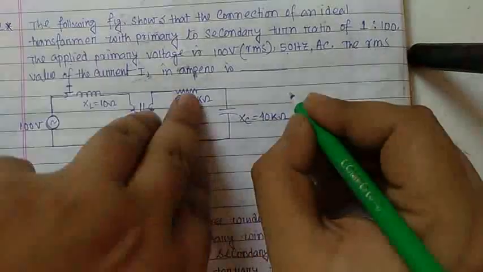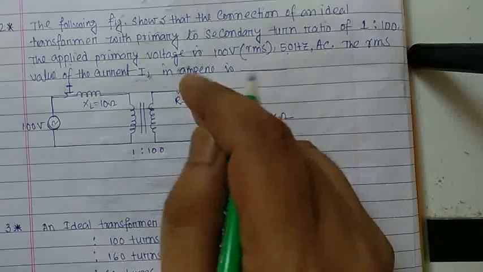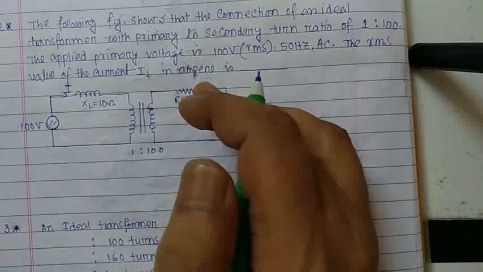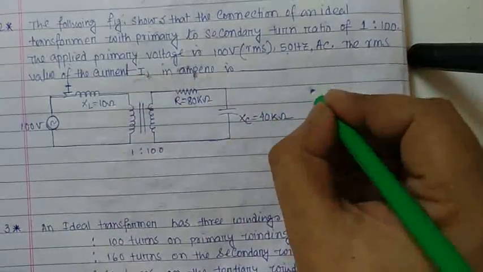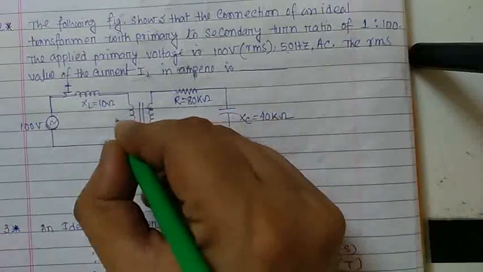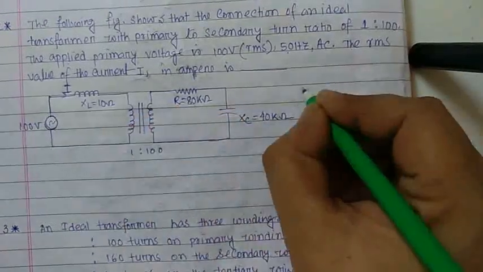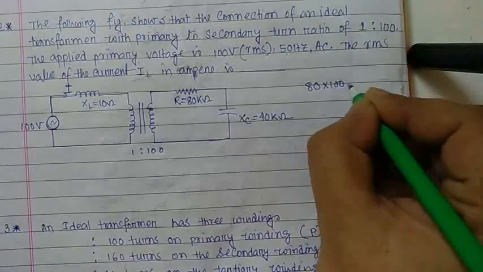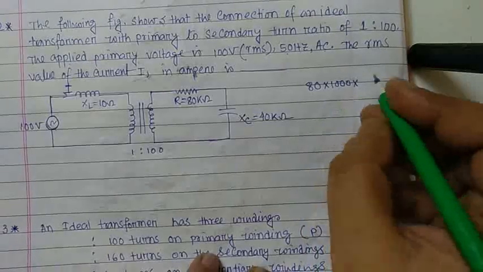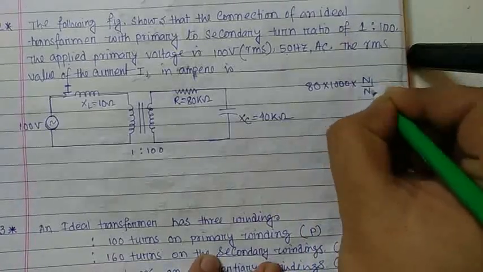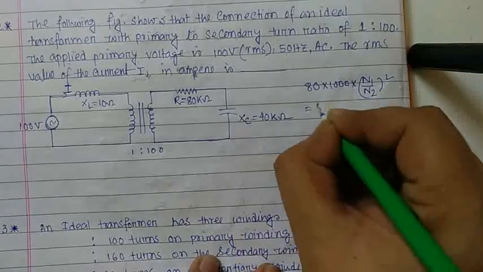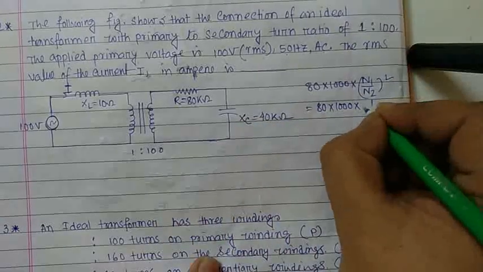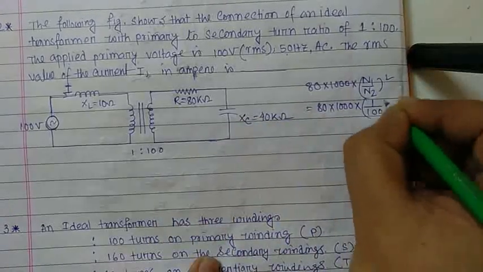Now suppose we transfer the 80 kilo ohm in the secondary to the primary, that means refer to primary. So the value of 80 kilo ohm when referred to the primary is 80 into 1000 into N1 by N2 whole square, so 80 into 1000 into 1 by 100 whole square.